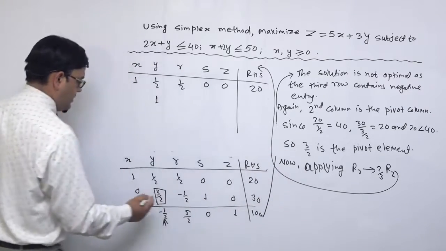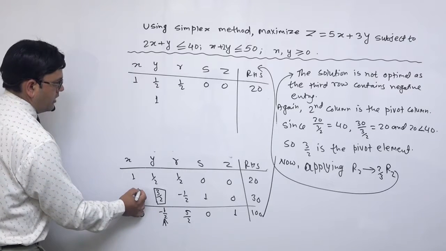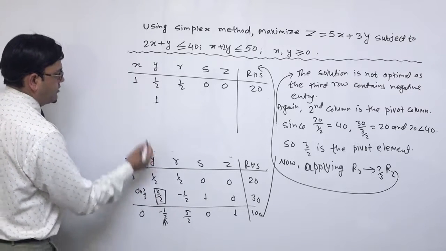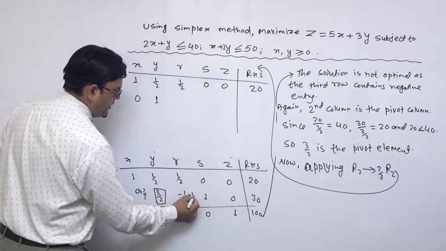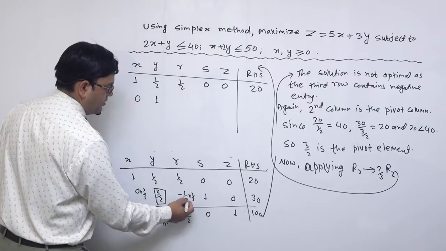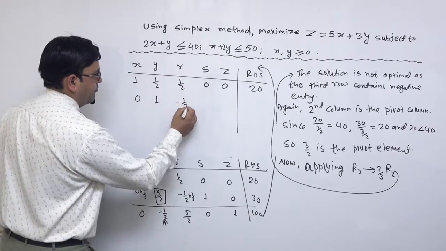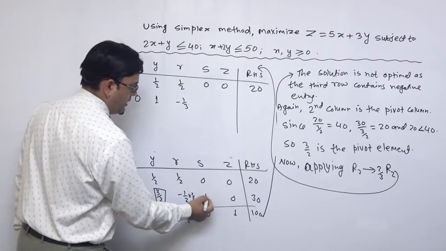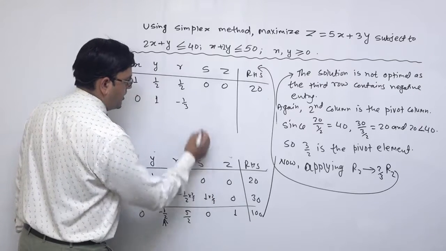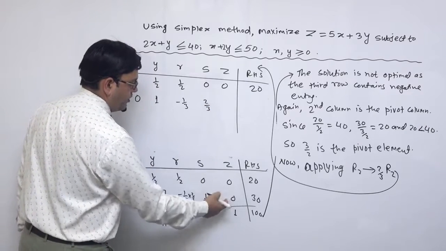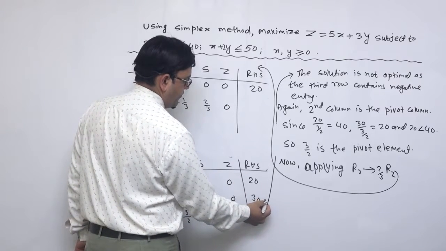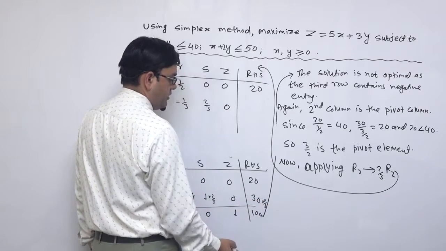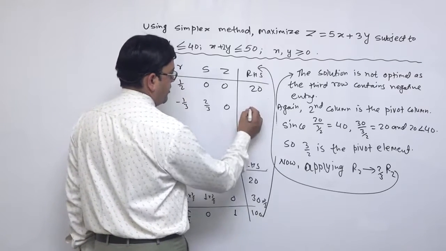In R2 change, 2/3 times 2/3: 0 multiplied by 2/3 gives 0. Here, times 2/3, the 2 and 2 cancel, and -1/3 comes. Similarly here, 0, and then 30 times 2/3, so 10 times 2 is 20.